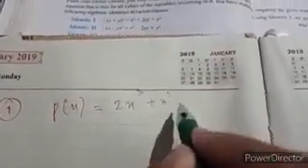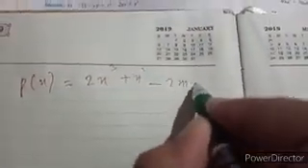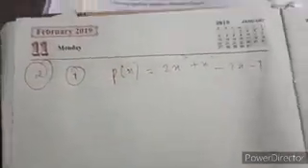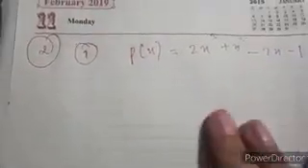In my last video I already discussed how to do the factor theorem, that is middle term splitting. But in this question you cannot use middle term splitting directly because it is a cubic polynomial. So you have to go step by step.